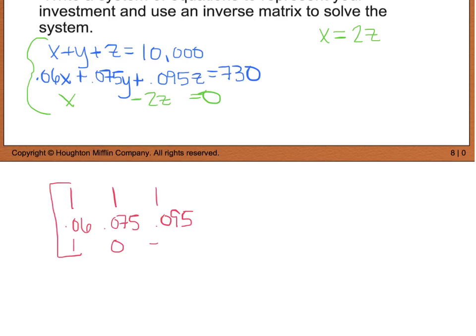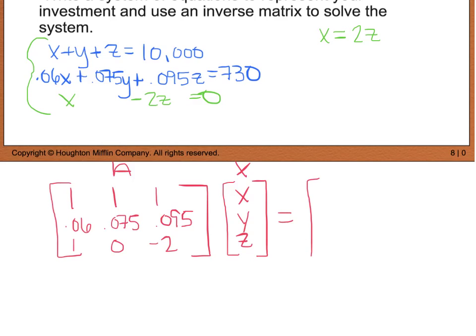So this is matrix A. My matrix X is going to be my 3 variables, or x, y, and z. And I'm going to set that equal to my constant matrix, and this is what I'm going to call matrix B. And I have 10,000, 730, and 0.